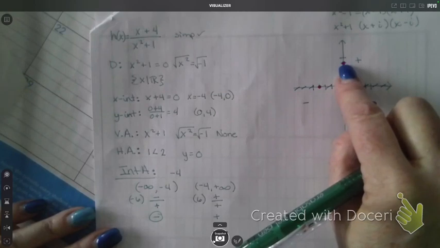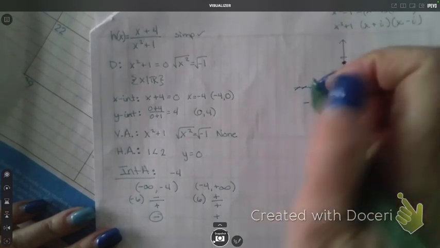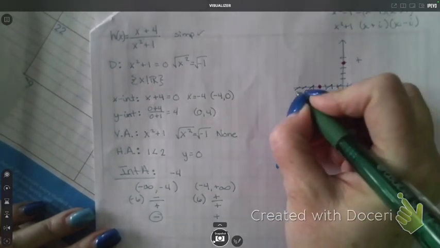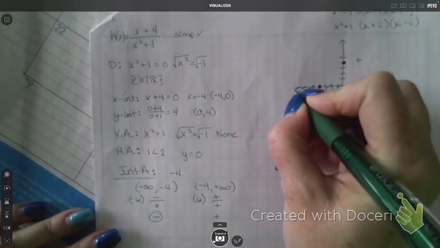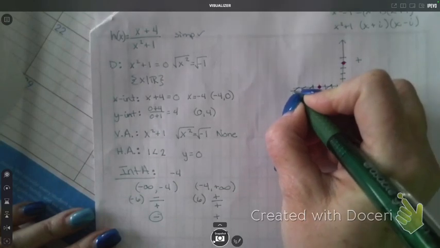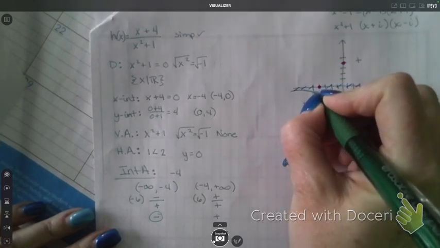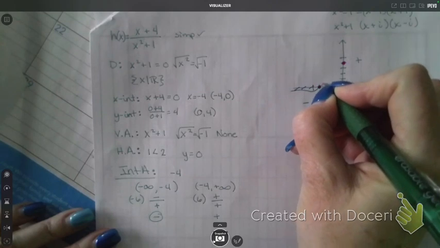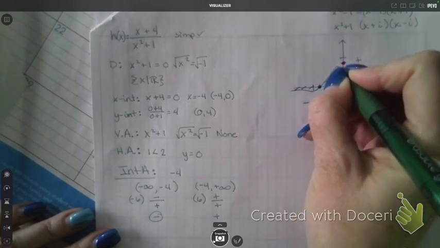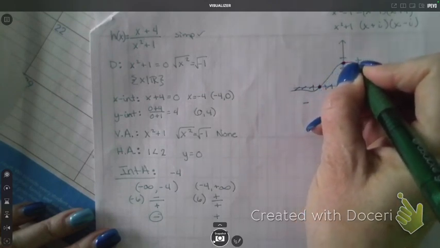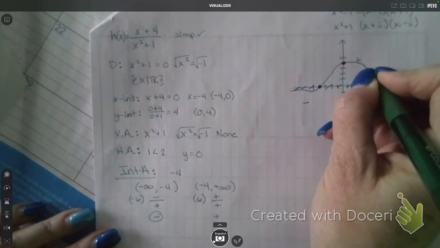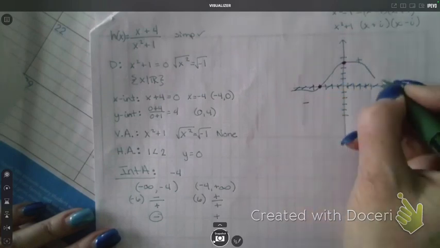So what is going to happen with this graph? It's really weird. This is an asymptote here, correct? So it's going to be close to it, and we're going to exaggerate. We're going to come down a little bit, go up, go through this, and then at some point, we don't care where, it's going to come back down towards what asymptote?